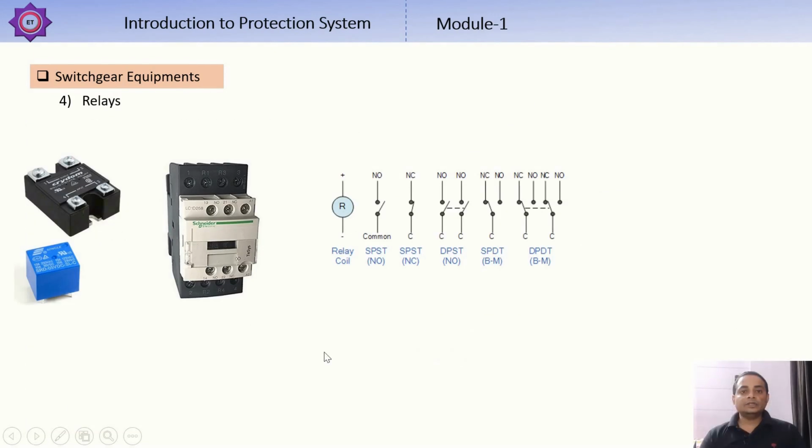And last one is a relay. A relay is a device which detects the fault and supplies information to the circuit breaker for the interruption of current. Second figure shows some important terminal information of relay such as SPST, DPST, SPDT, DPDT, where SPST stands for single pole single throw.